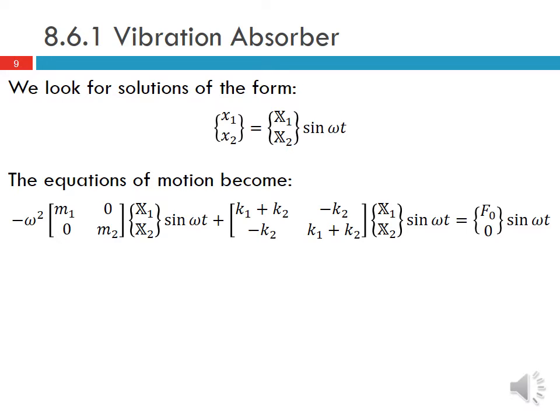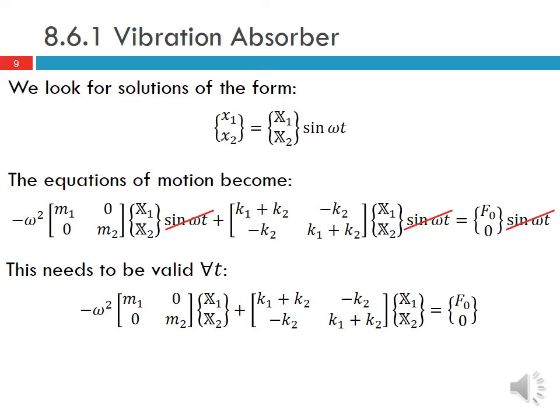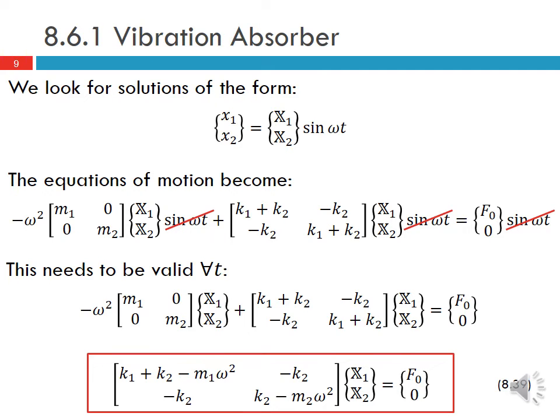So the equations of motion then become this here, where this has to hold for all time t, so we can cancel out sine omega t. And we get this expression here, which can be arranged into this matrix multiplied by our vector X1, X2, which is equal to F naught and 0, our force vector.